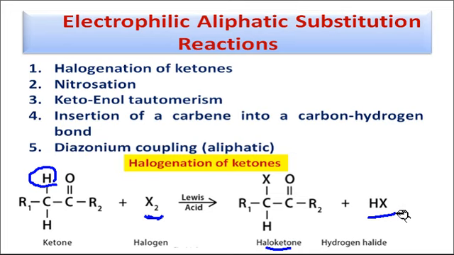So basically in this reaction, alpha hydrogen is replaced by the halogen, that is the electrophile, because in presence of Lewis acid, the attacking species would be X plus. This is the electrophile. So this replaces the alpha hydrogen from here, and finally haloketone products are formed. So this is an example of the electrophilic aliphatic substitution reaction.